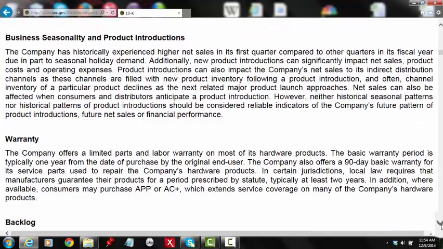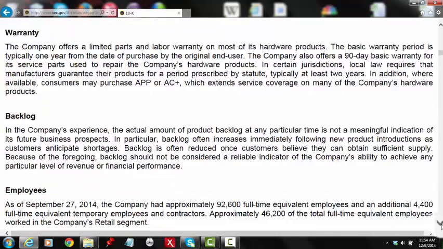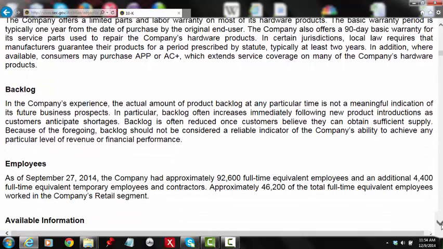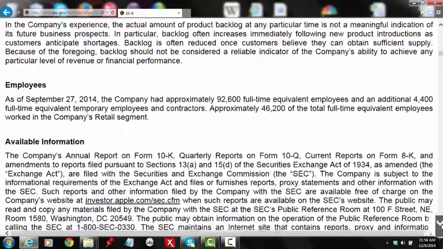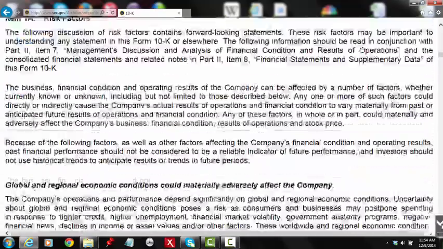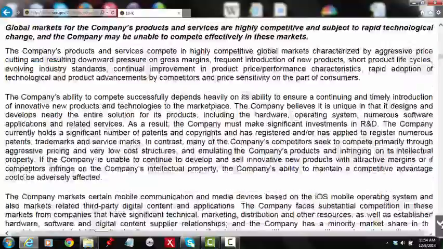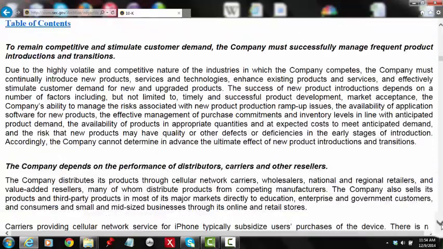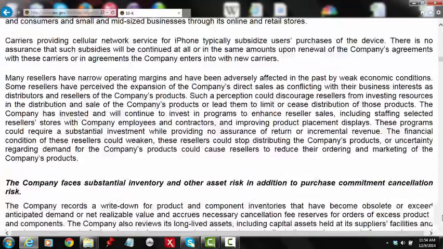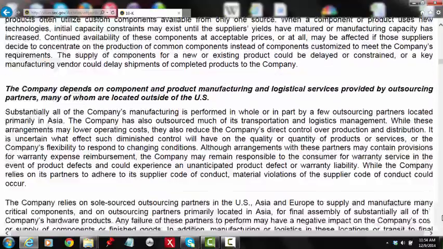Now, you know what? Let's go down and first figure out how exactly does the company make money. Okay, so if we keep going down, these are the risk factors and all.